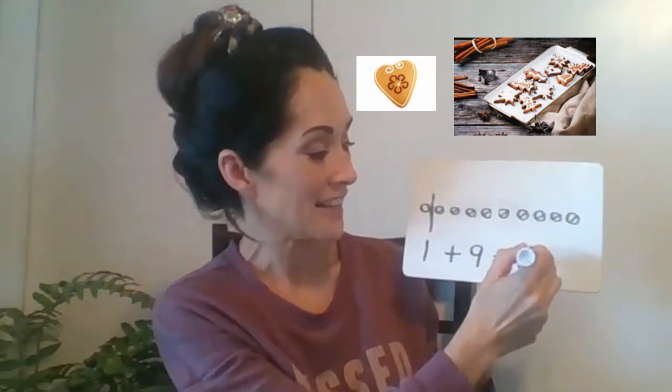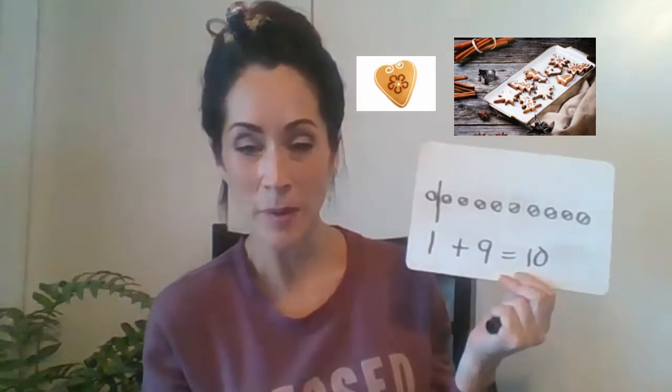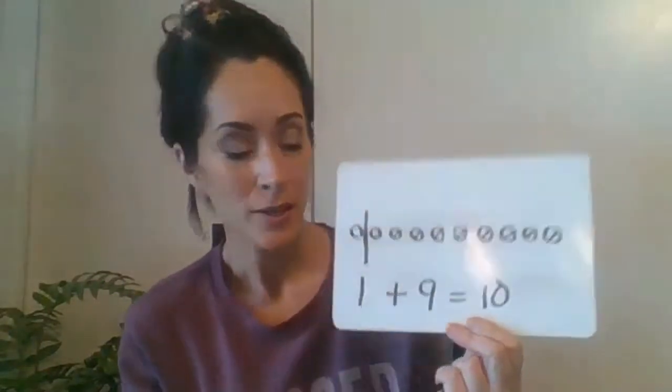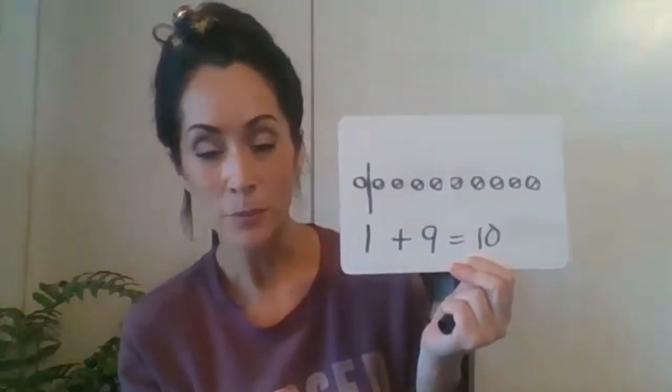We have 1, 2, 3, 4, 5, 6, 7, 8, 9. So 1 and 9 together equals 10 still. We still have the same amount of cookies that we started with. We're just breaking them up into different parts.